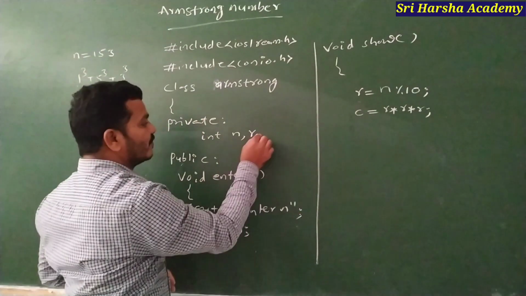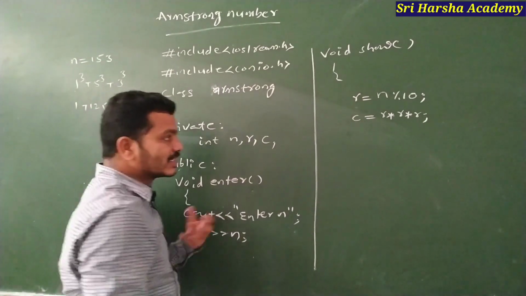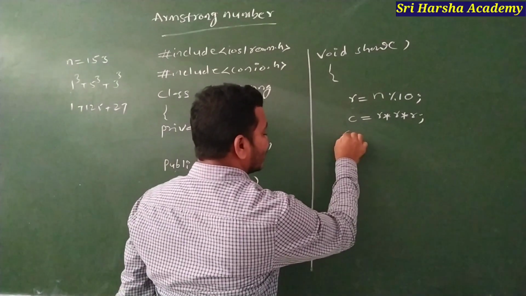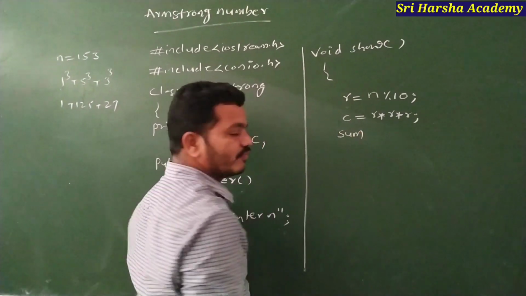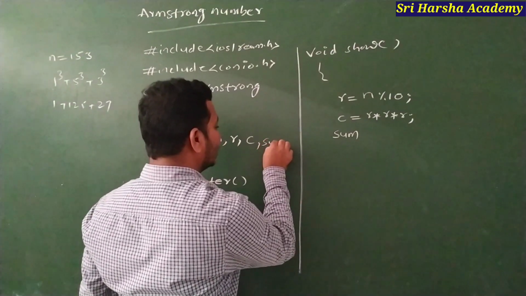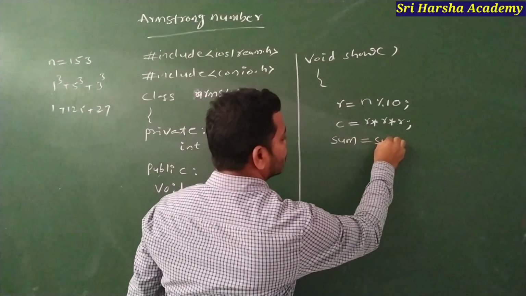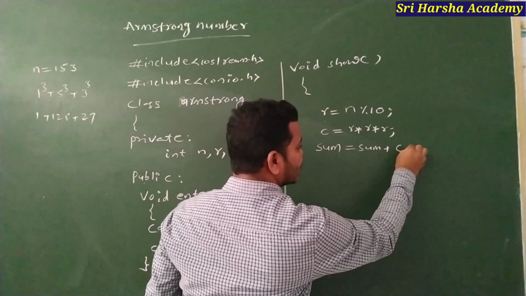That is why we declare one more variable here, c. Next we calculate the sum of the cubes of the digits, so we need one more variable, sum. So sum is equals to sum plus c.